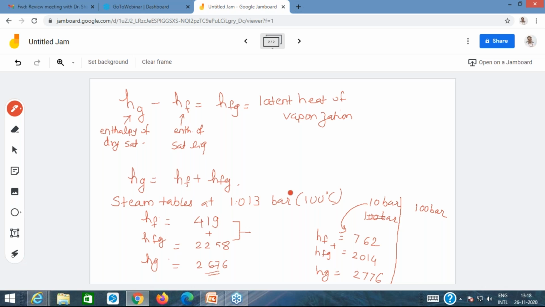Okay, Gunjan has given me the values. So Hf value is approximately around 1408. Nikhil, thank you. Gunjan, thank you. Hfg value is around 1317, 1319, whatever.